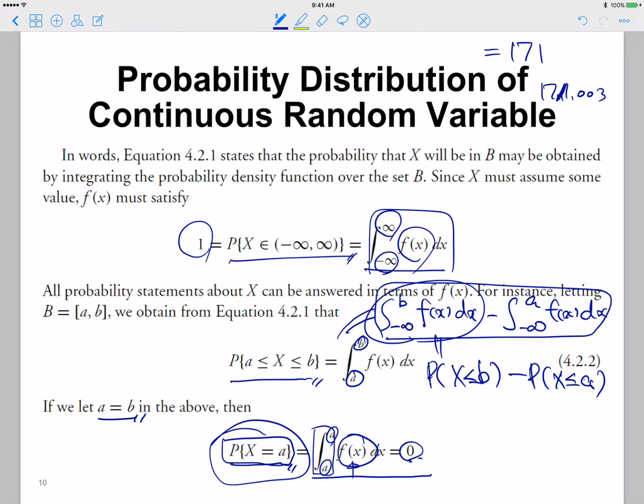So if we observe many people around that point, then it means the probability will rapidly increase around that point. Around that specific value means we can consider maybe a range of 171 minus 0.1 and 171 plus 0.1.